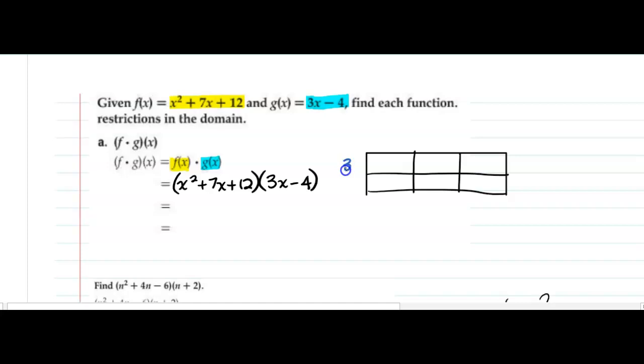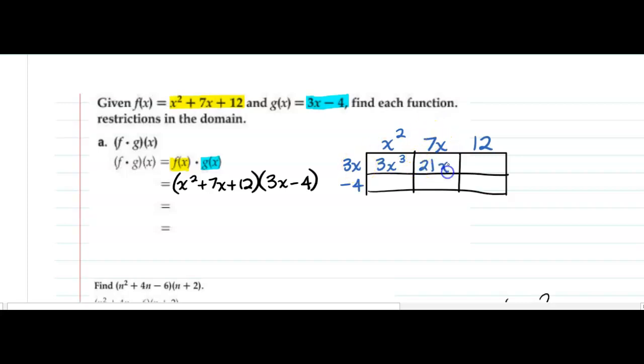So I'm going to put 3x, negative 4, x squared, 7x, and 12, going across the top. And then I multiply. 3x times x squared. Think about those properties of exponents. That gives us 3x to the third. 3 times 7 makes 21.